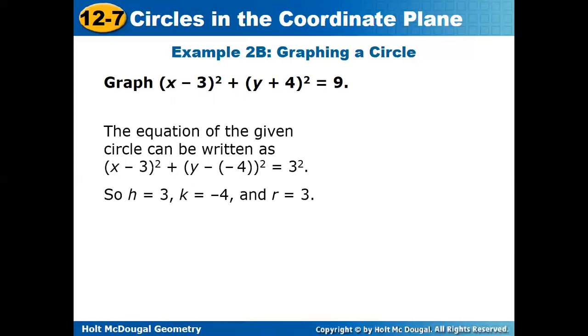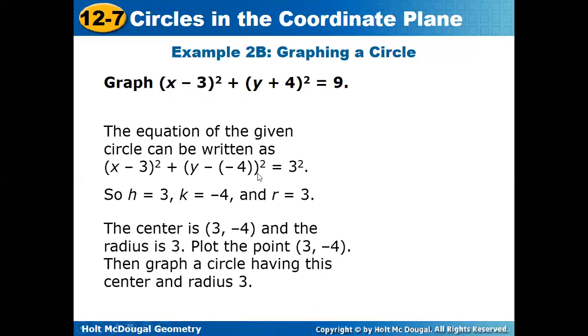Now you can plot the point (3, -4) as the center of this circle, and with radius equal to 3, graph a circle having this center and radius 3. So you can use your compass to graph this circle.